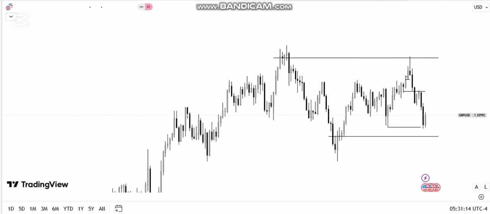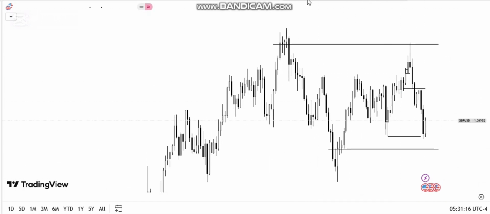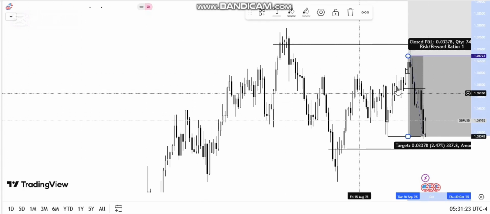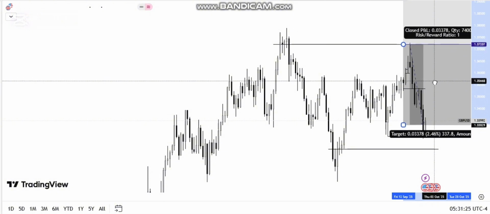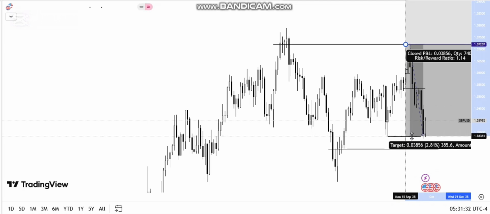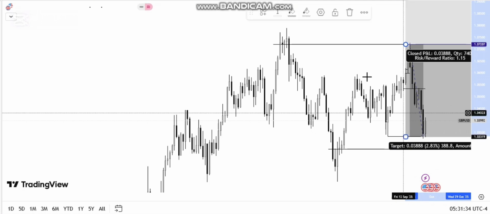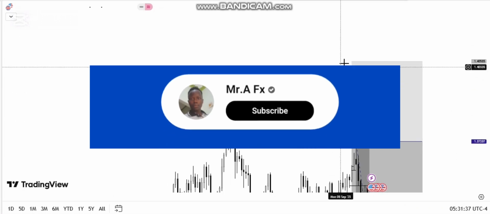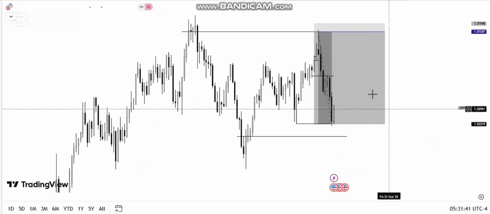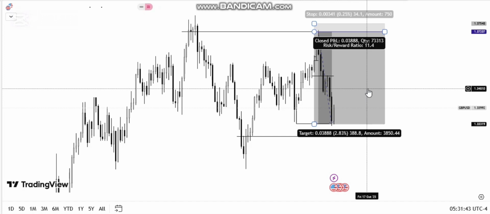We caught this trade from here, at the rejection at the news, all the way up to this point. This is what we were expecting the market to do. So guys, that's what we traded. For the whole week we were really bearish, and I'm happy for that.